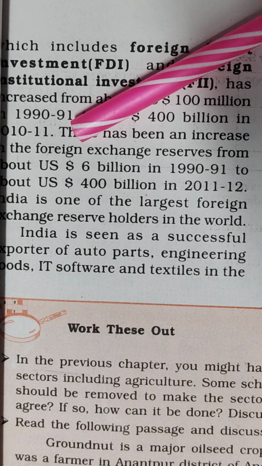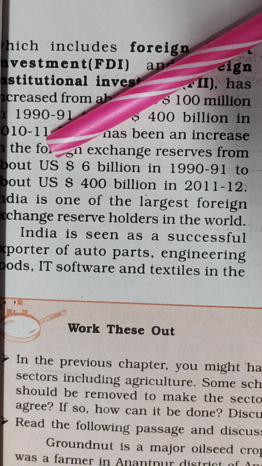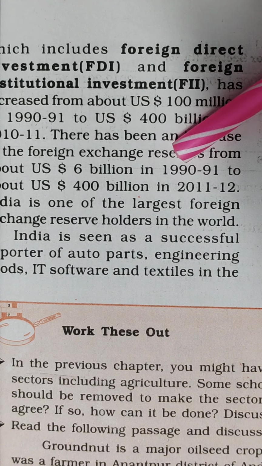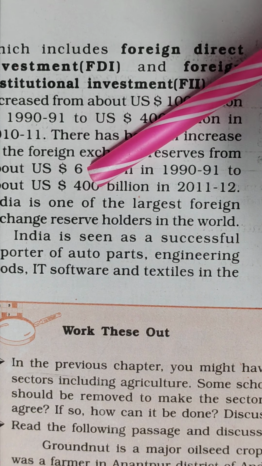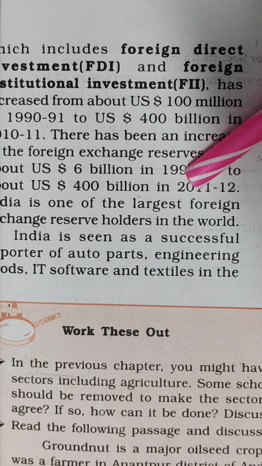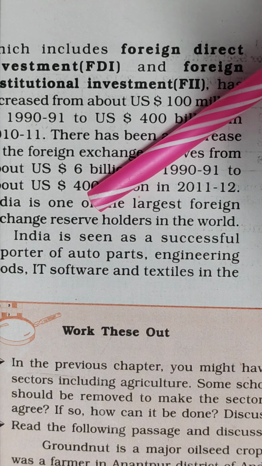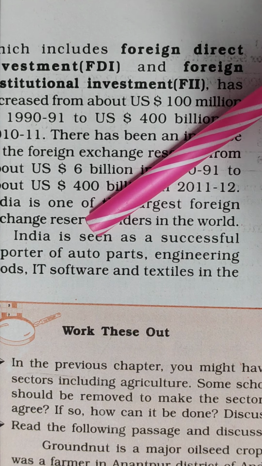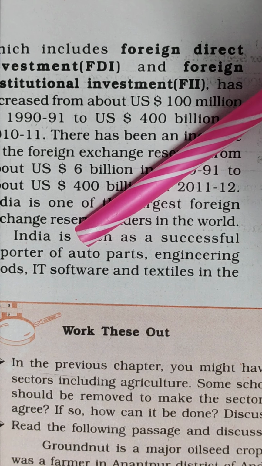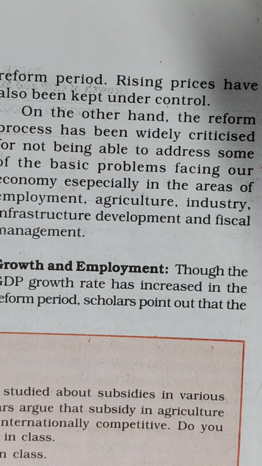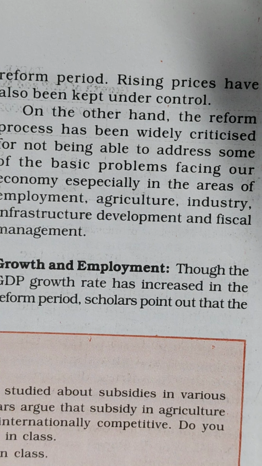There has been an increase in the foreign exchange reserves from about $6 billion in 1991 to about $400 billion in 2011-12. India is one of the largest foreign exchange reserve holders in the world. India is seen as a successful exporter of auto parts, engineering goods, IT, software and textile. In the reform period, rising prices have also been kept under control.